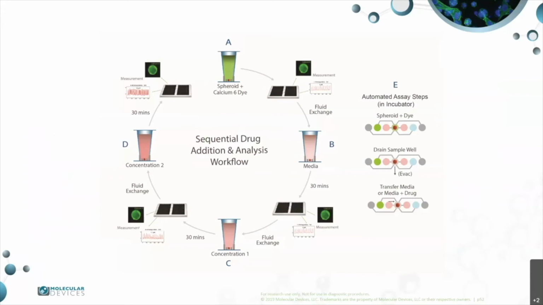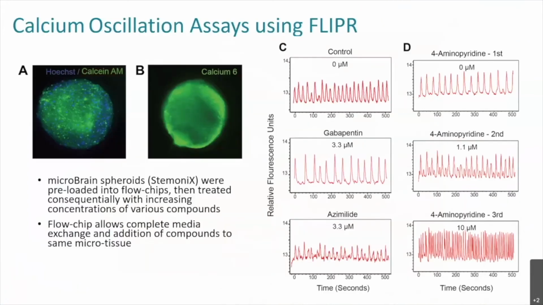But by using Puma system, you're able to change the media completely and then to do dose response with the same spheroid, or study, for example, one compound and then wash it out and treat with different compound and do all these perturbations.